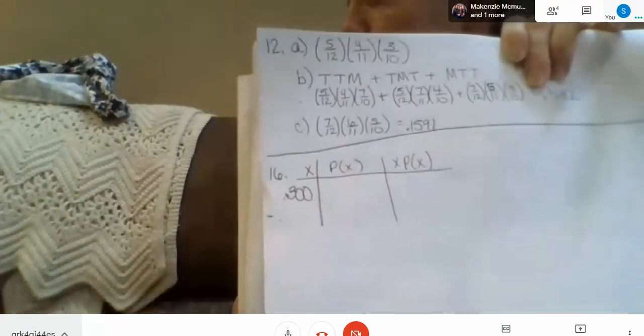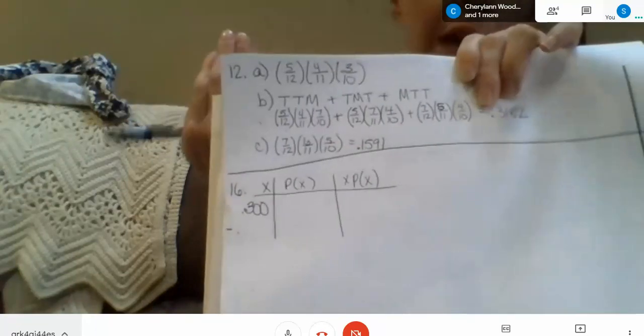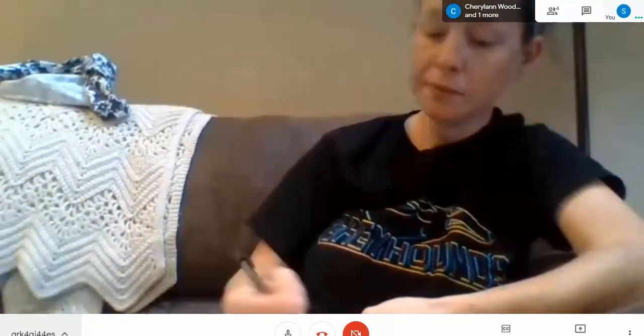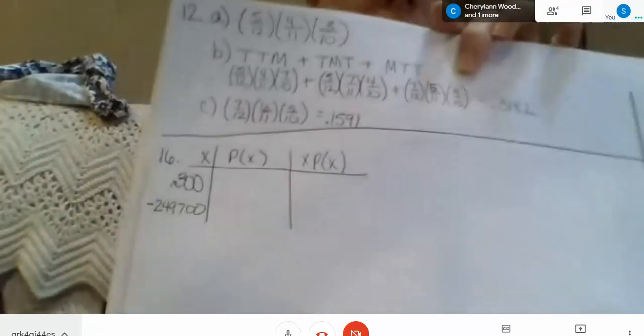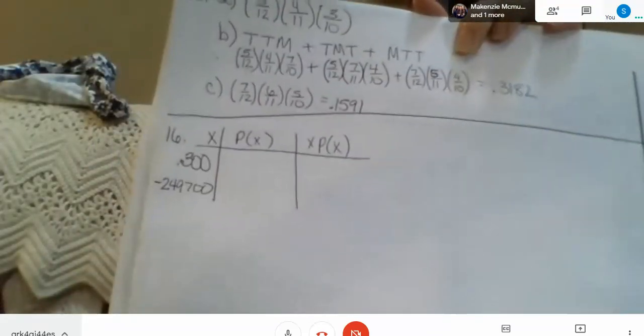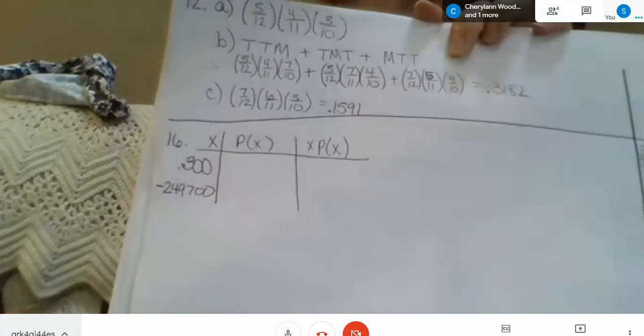You would have to take the $250,000 and subtract off the $300 that was paid. So they're actually losing $249,700. They get to keep that $300 that was paid to them.